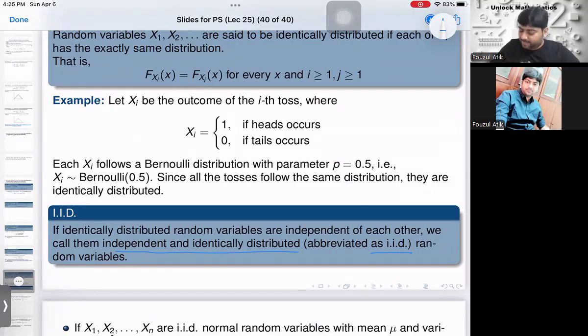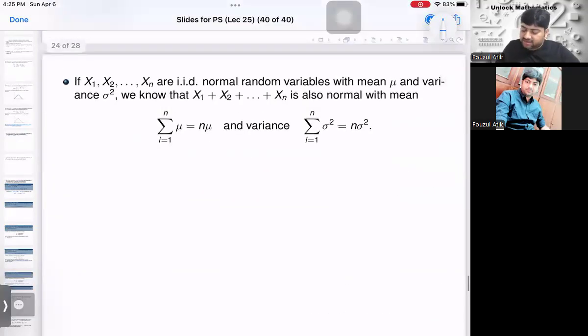What is that? Okay. If X1, X2, ..., Xn are IID normal random variables with mean mu and variance sigma square, we know that X1 plus X2 plus ... plus Xn is also a normal random variable, because we have just discussed that the sum of independent normal random variables is again normal.